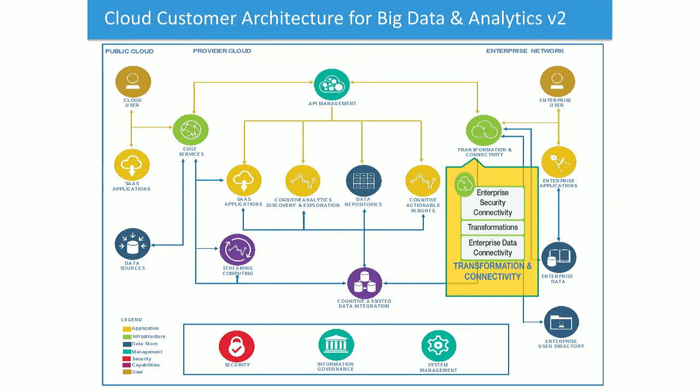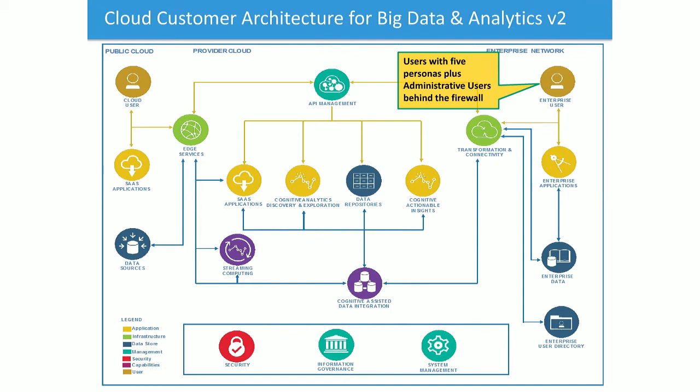You got to change it. So the key subcomponents are the following, right? We have the enterprise security connectivity, we have the transformations for data, and then we have the enterprise data connectivity. Make sure that the analytic system, the system of insight, the components that we have the secured connection to the enterprise data. Okay.